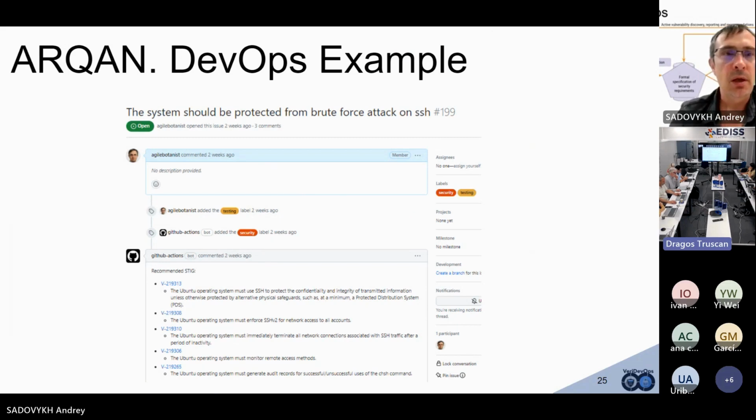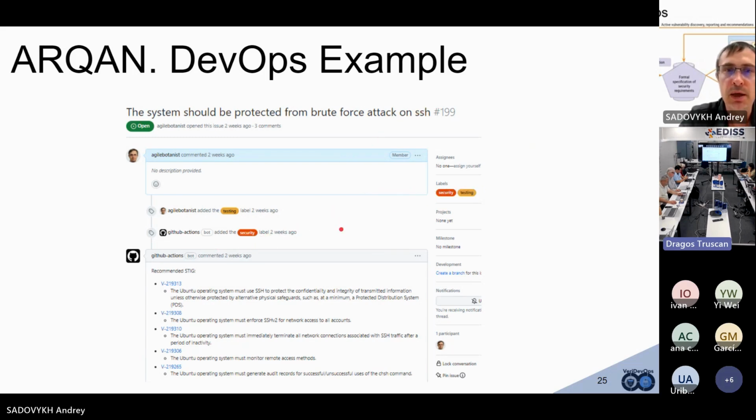Right. To exemplify that, here's a small example that we showed you previously, but I think it's worth repeating. Here we have, for example, a requirement: the system should be protected from brute force attack on SSH. When it comes to the issue tracker, the issue tracker can call specific tools like NullApps, like Archon, and detect whether this issue is related to security.